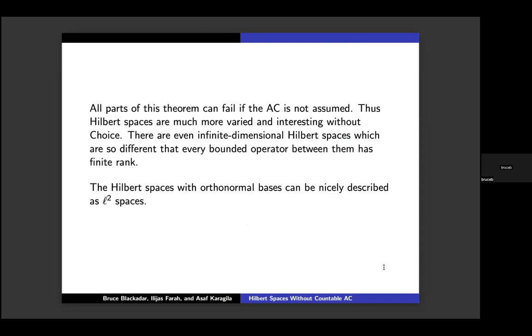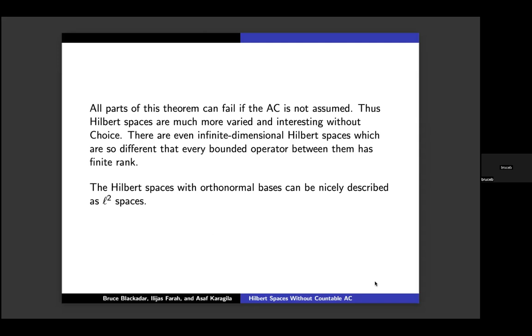Now, you might think that this is a big negative problem, but we view this more positively: what this means to us is that Hilbert spaces are much more varied and interesting without the axiom of choice. There are even infinite dimensional Hilbert spaces that are so different that every bounded operator between them has finite rank. So we really get some weird Hilbert spaces here.